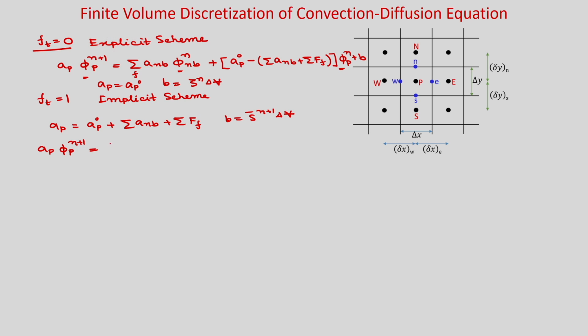So, A p naught phi p n plus 1, and on the right hand side you will get summation of A n b over all the neighbors, phi n b at n plus 1.